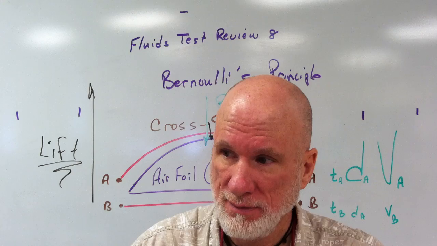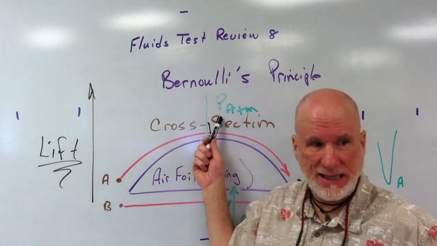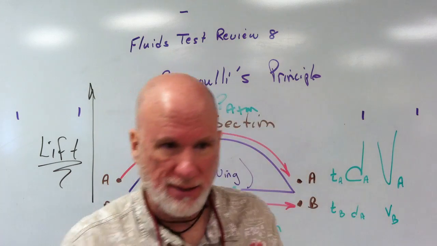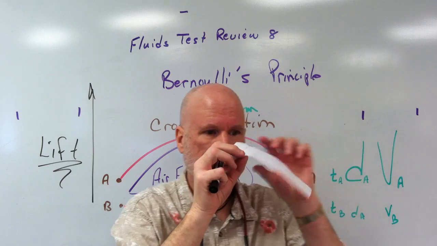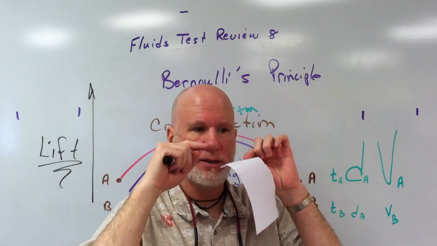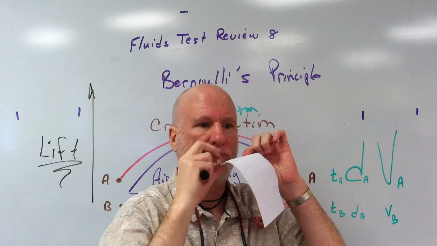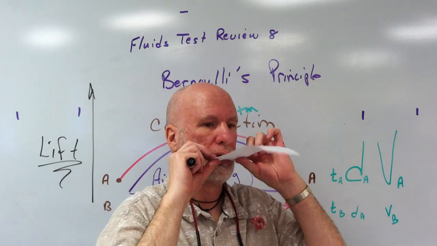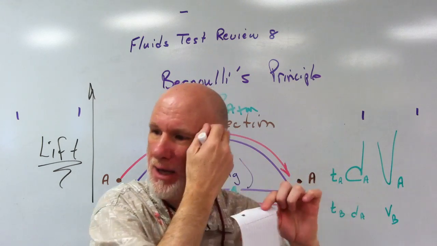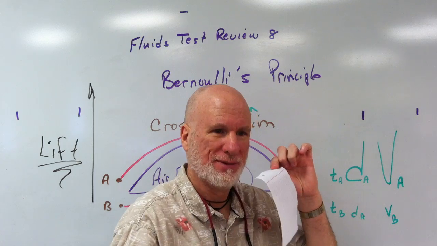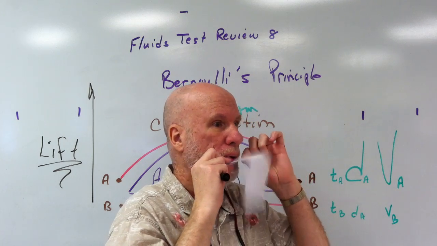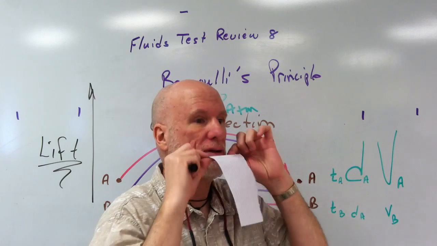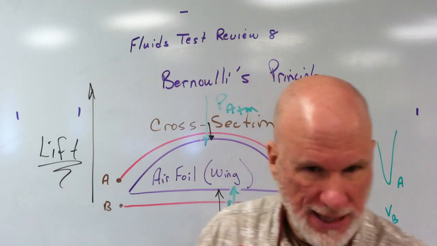Correct? So the pressure would be less here than here. What happens if, let's say this is a wing, and I increase the speed of the fluid on top of the wing? See how it goes up? I'm reducing the atmospheric pressure on top. On the bottom, it's the same. That's called what? Starts with an L. Lift. You get it?